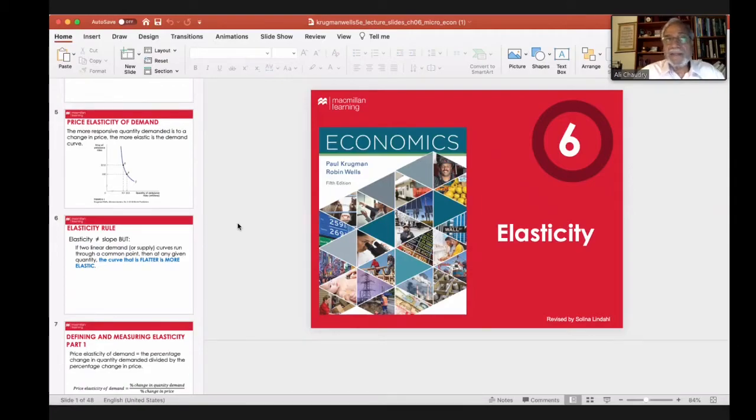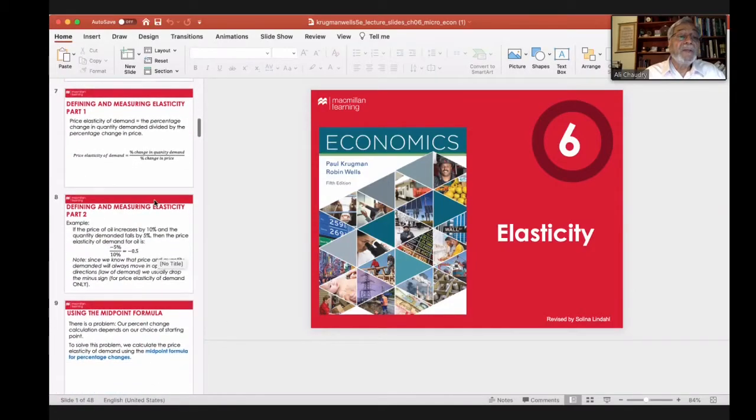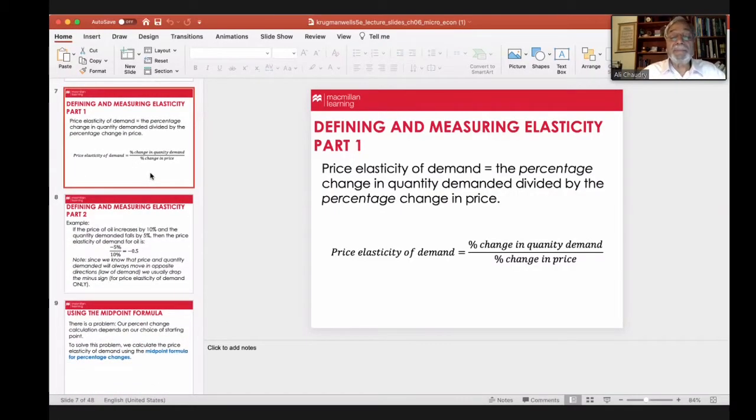Then we say, how do we measure that responsiveness? So in the next step, we say price elasticity of demand is measured by a ratio of the percent change in quantity demanded to the percent change in price. So here is that definition. That's the second level.